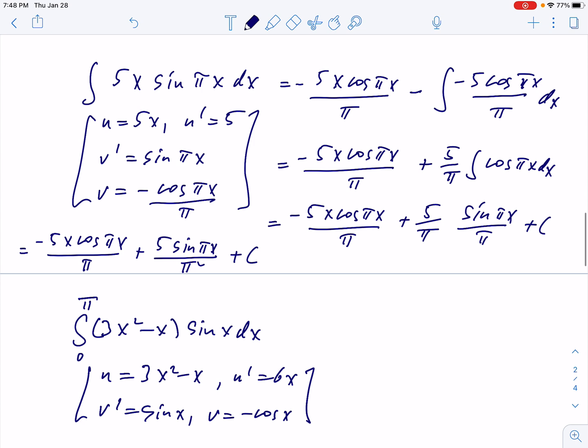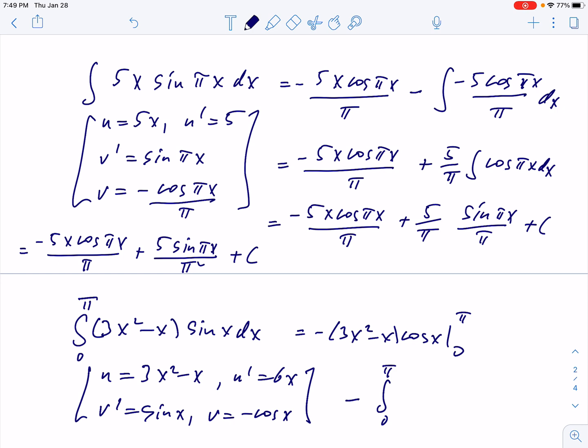So this equals the product uv. There is a negative in front. Let's put negative here. 3x squared minus x, cosine x, from 0 to pi. We have to put limits here because we have limits in the integral. And then minus the integral from 0 to pi of u prime v.